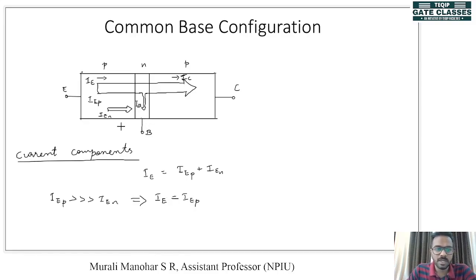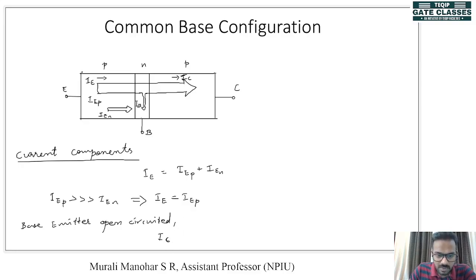Now if we assume that our base emitter junction is open circuited, in that case, we know that there is a current flowing in collector due to the reverse biased collector base junction, right?